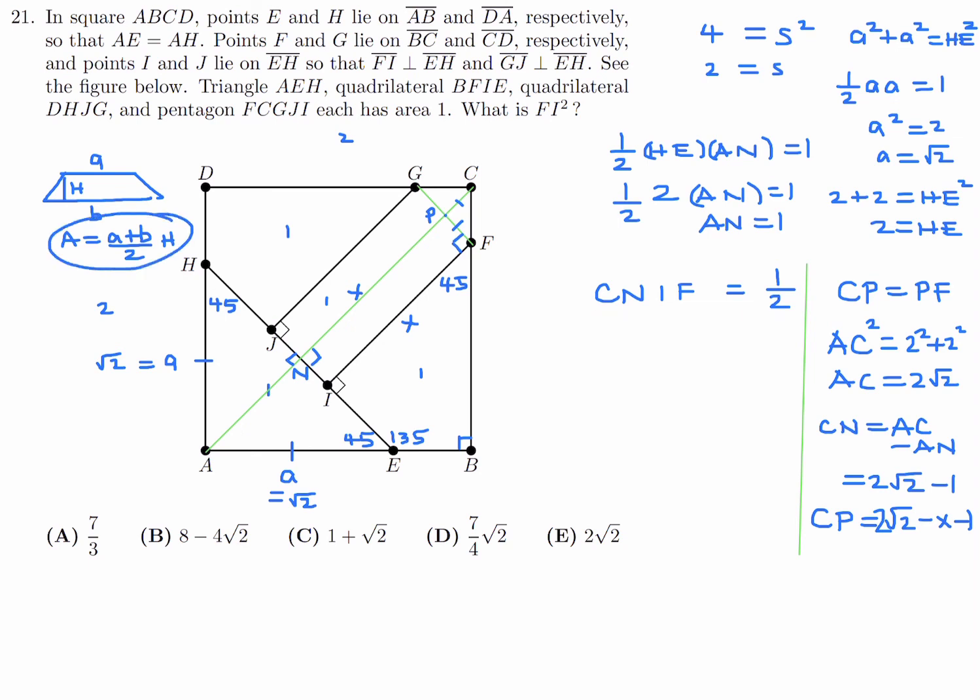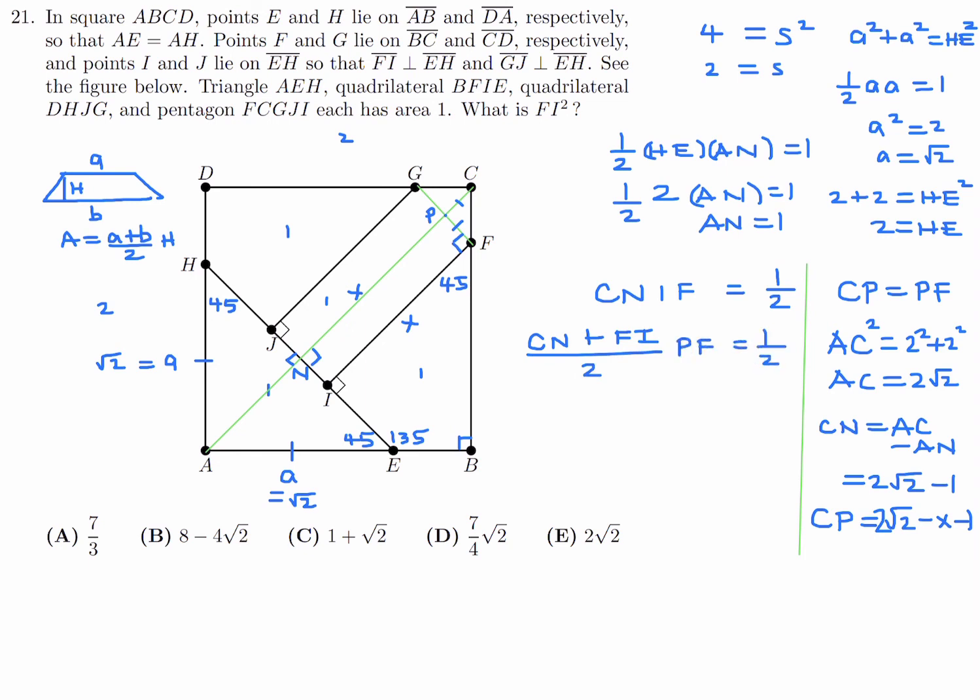Using that formula, it's going to be this plus that over 2 times that height. So that basically boils down to CN plus FI over 2 and times the height, which is PF. And that is equal to 1/2.